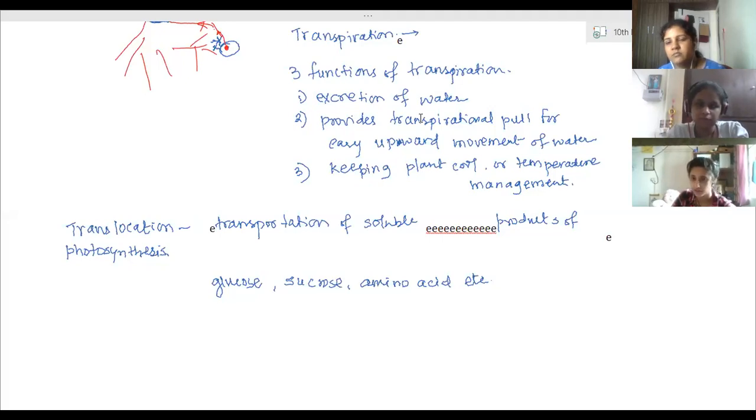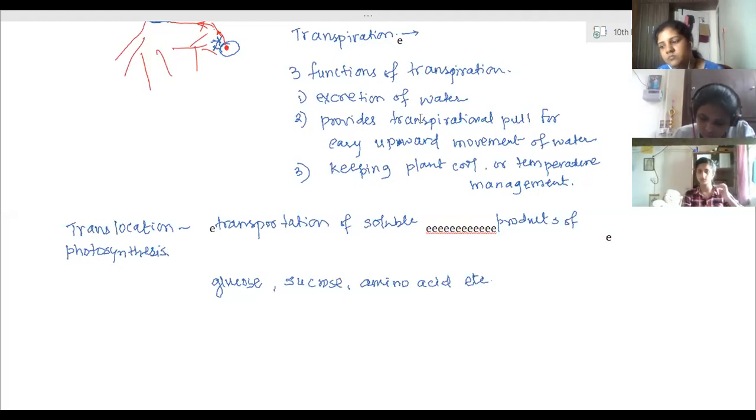Second, shedding of leaves. The different wastes are stored in the leaves, so by shedding the leaves, they remove that waste. Third, resins and gums: in the form of resins and gums, they also secrete nitrogenous waste.